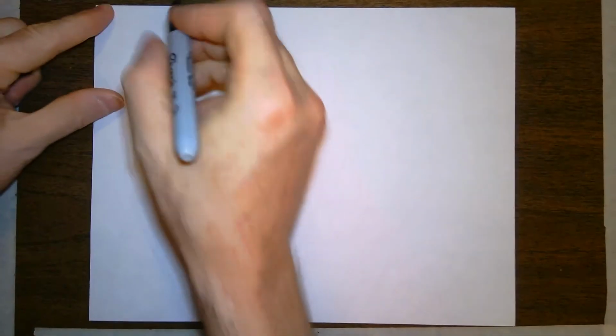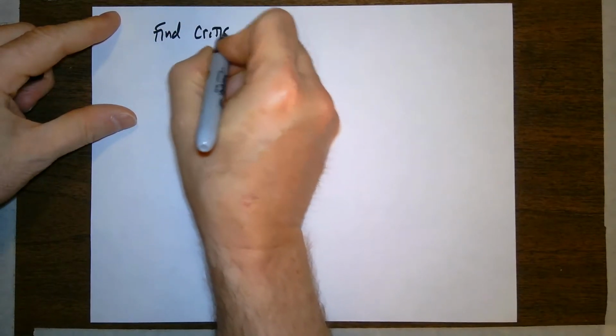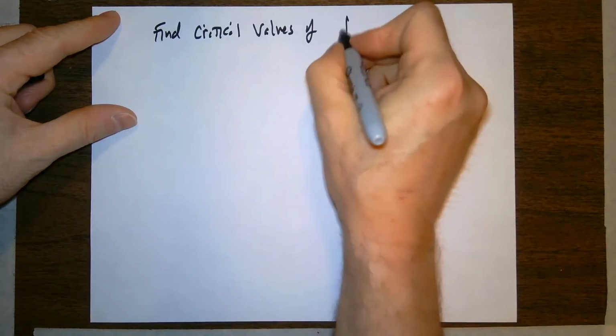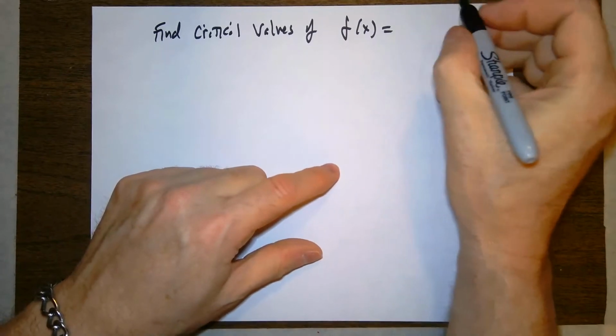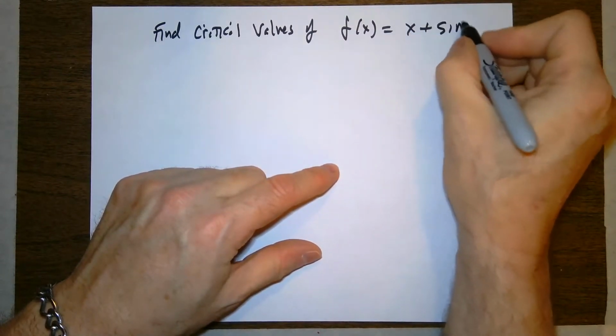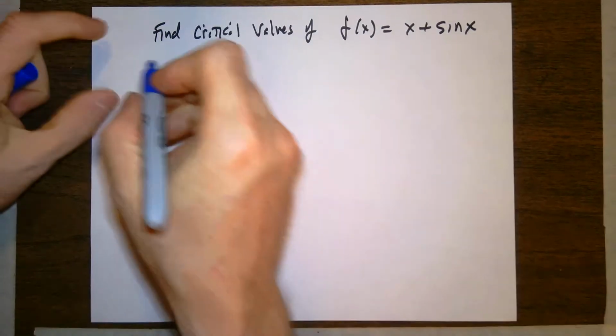Let's find the critical values of the function f of x equals x plus the sine of x. And again, the first thing I'm going to want to do here is take the derivative.